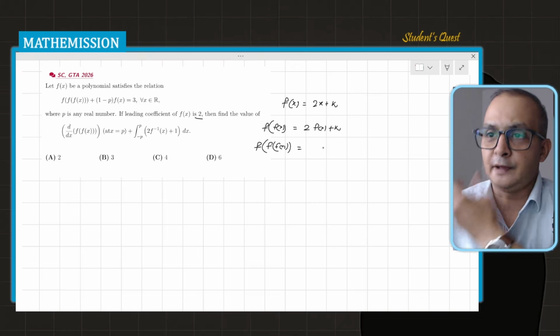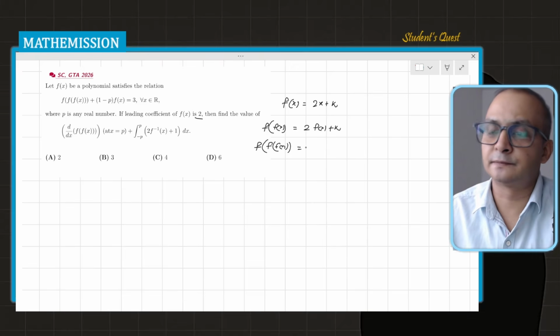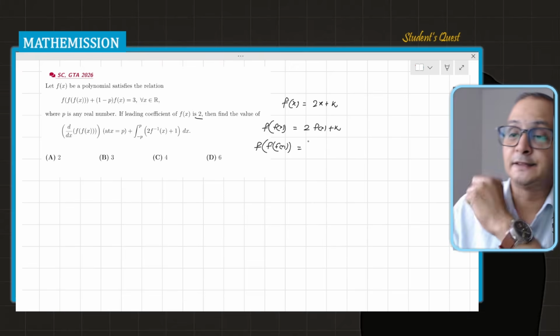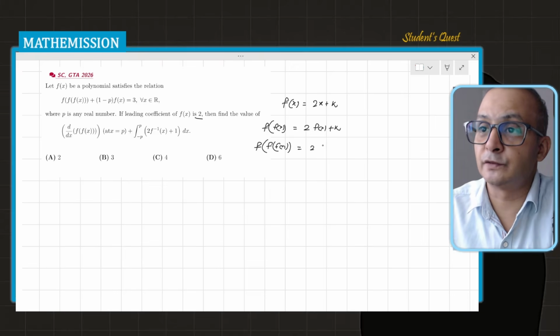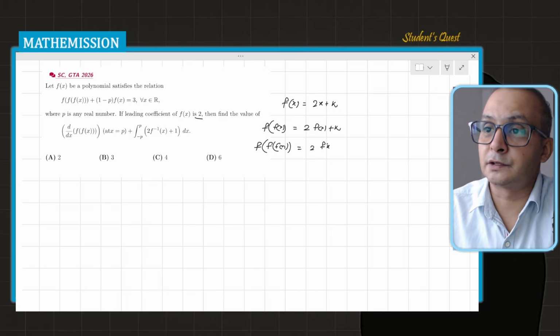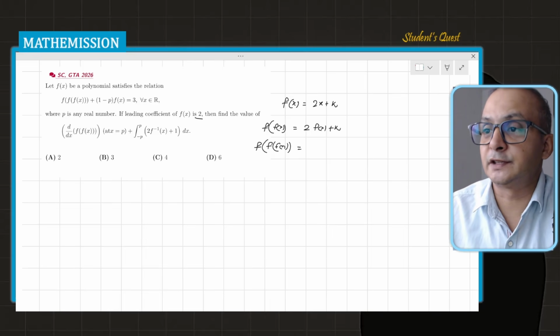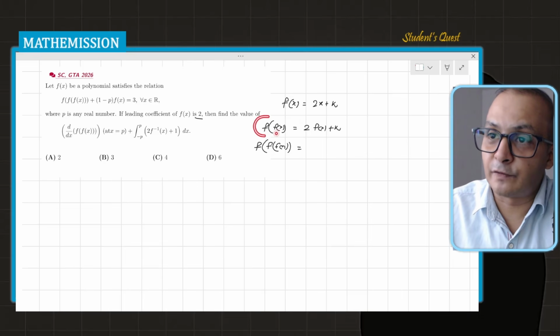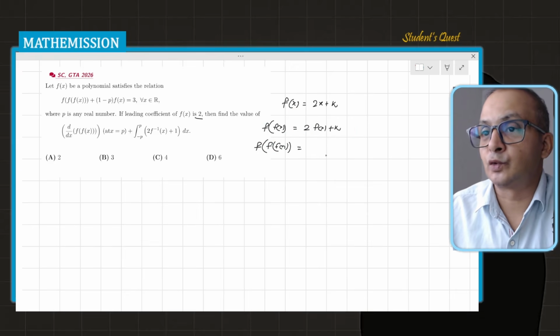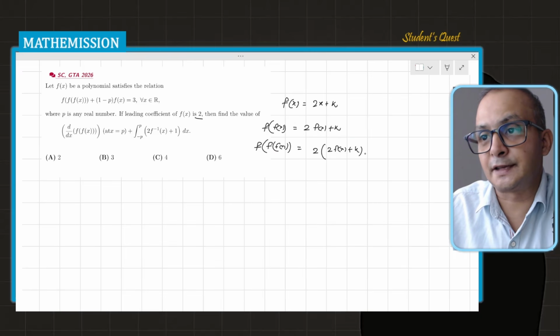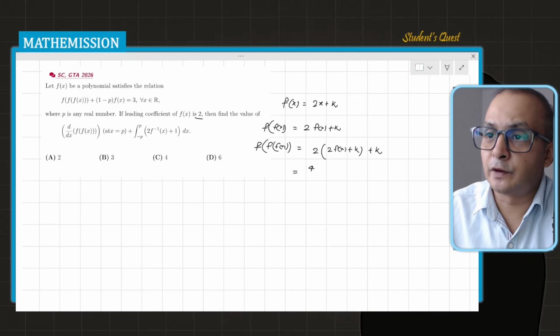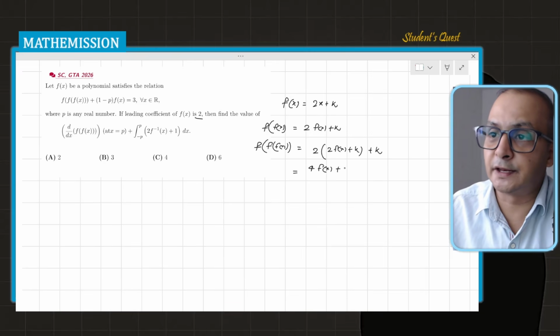Because we are substituting this f(x) inside the f(x), I will get twice of f(x) plus k plus k. And this is 4f(x) plus 3k.